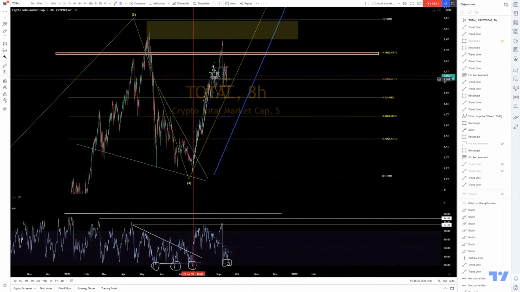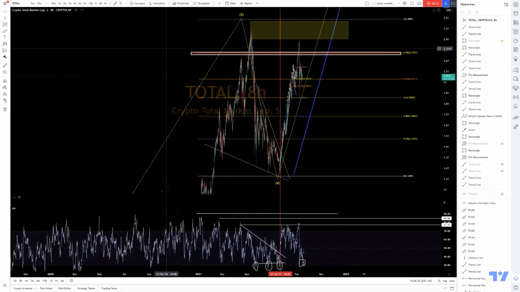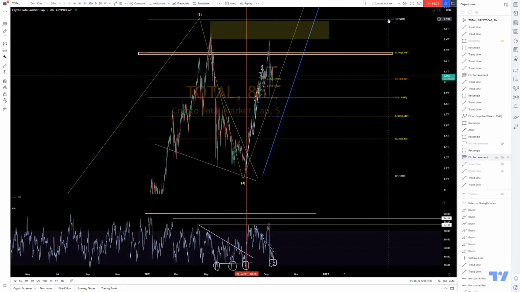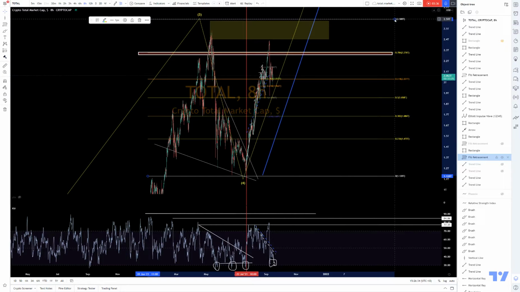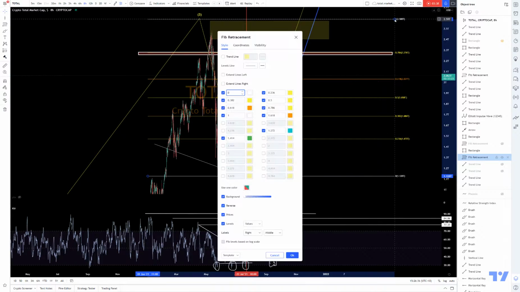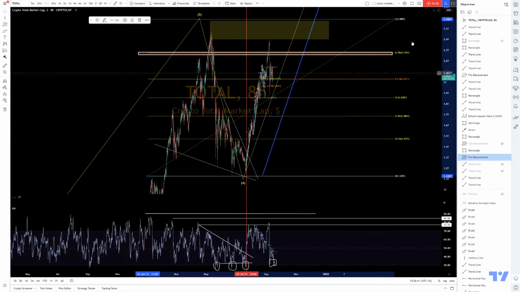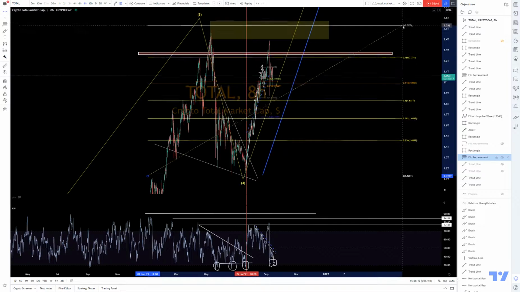The 0.618 is still playing support. The orange is the 0.618 from the macro, from the top to the bottom. Actually, let's just see what this means. Top to bottom, okay, yep. Let's pull that down a bit.